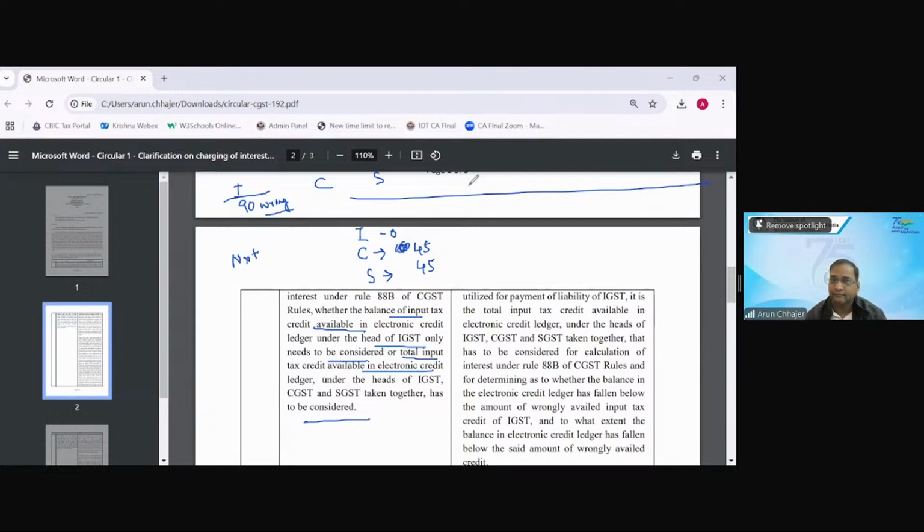You have the ITC under IGST is 90. You have the ITC in the CGST, let's say 50 rupees, and you have the ITC under SGST 50 rupees. Now, can you use this credit toward the payment of CGST without being used of IGST credit?